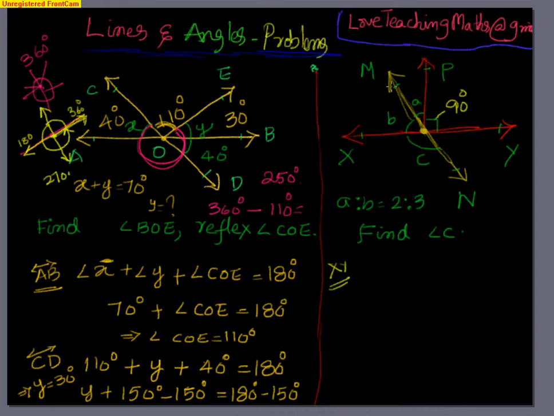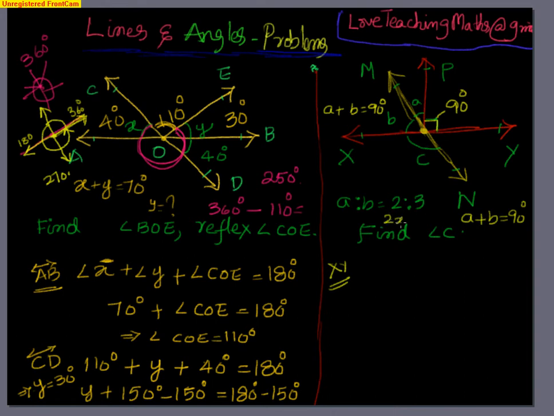Now can you find complementary angles here? Yes, A and B are complementary angles because A plus B should be equal to 90 degrees. Why? The angle on a straight line is 180 degrees. Already this is 90 degrees, so this sum should be equal to 90 degrees. I know A plus B equals 90 degrees, and they are in the ratio 2:3.